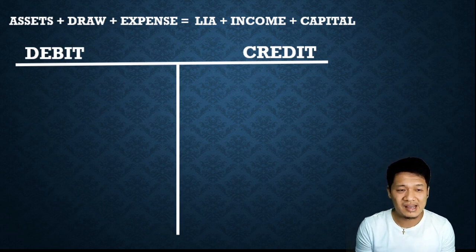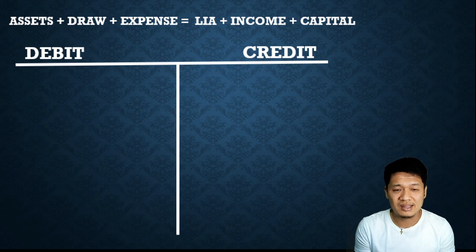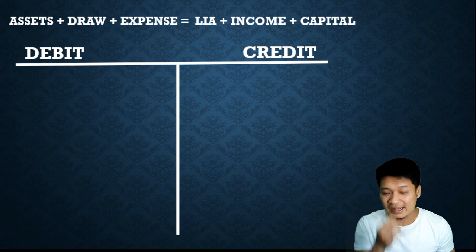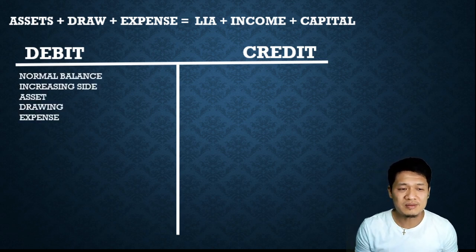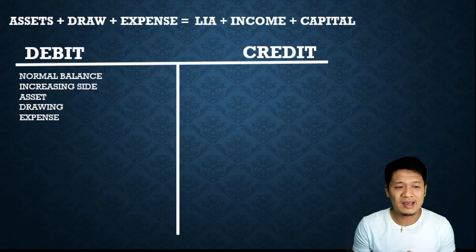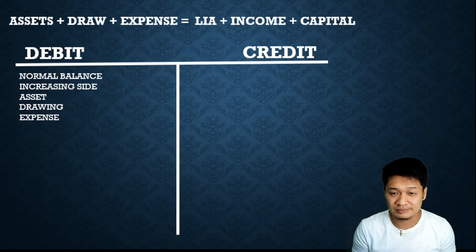Debit representing asset, drawing, and expense. And then the other part, liabilities, income, and capital for the credit side naman. Di ba? Ano bang ibig sabihin nun? Ibig sabihin nun, the normal balance of the asset, drawing, and expense is debit.